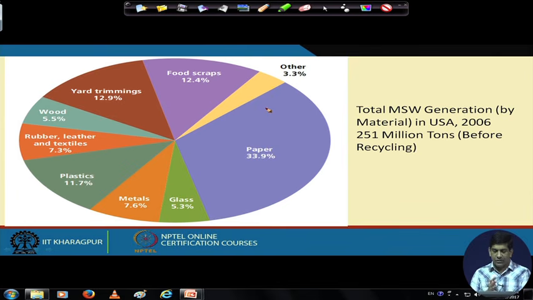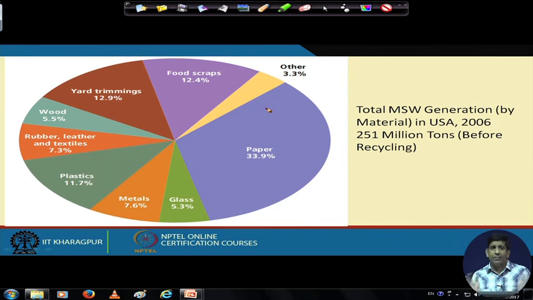There are some food scraps, yard trimmings, wood, rubber, textile, plastics, metals, and glass. So this is MSW generation by material in the US.